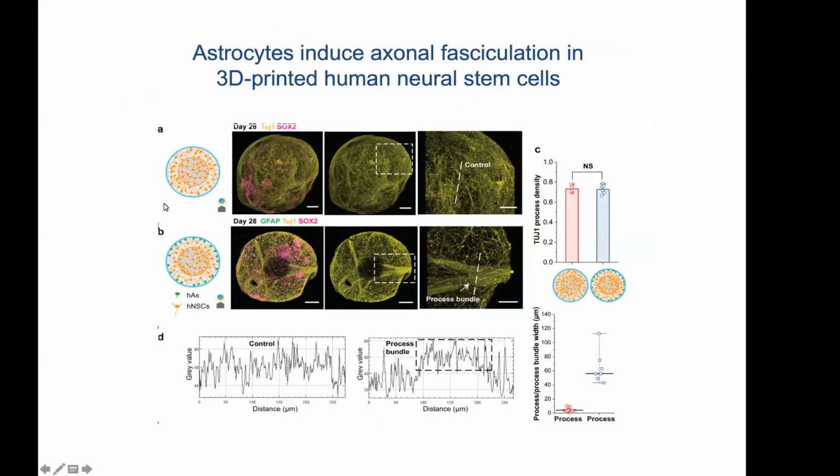And if you print astrocytes in the outer layer, shown on the bottom here, the cells will project and migrate, but they will also bundle in the cultures to form structures that very much look like bundled neurons inside nerves.